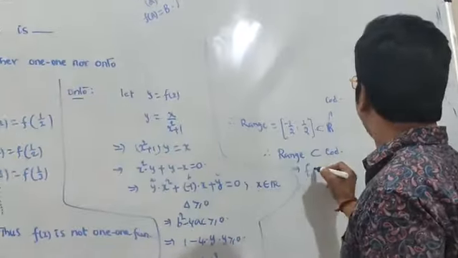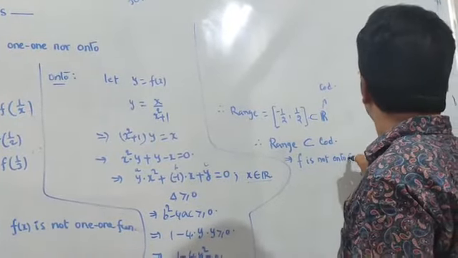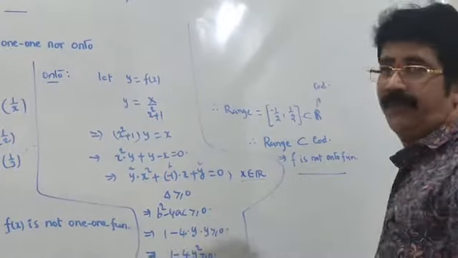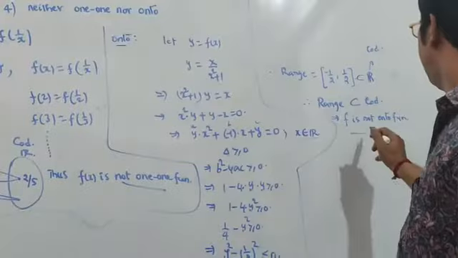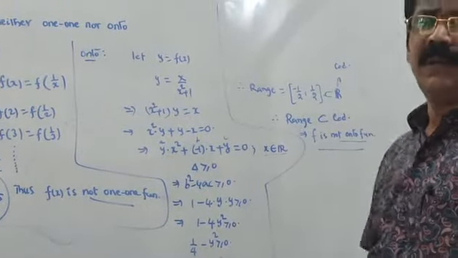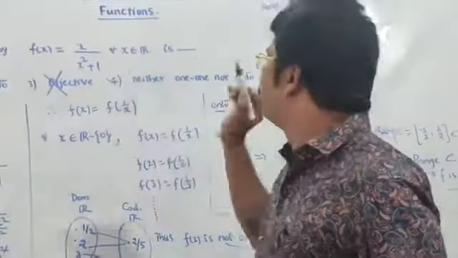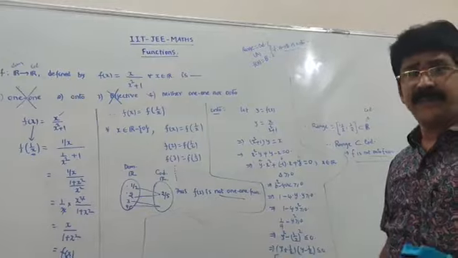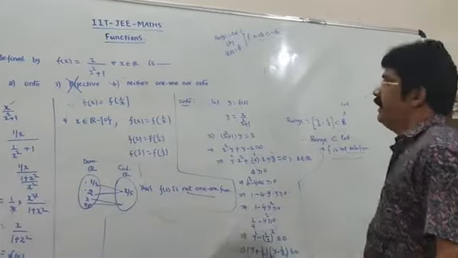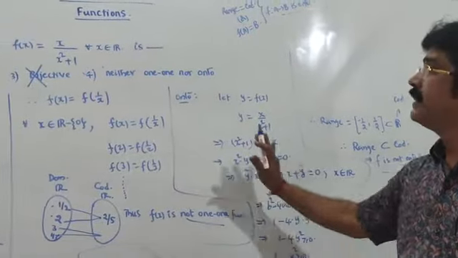Therefore f is not onto function. So f is neither one-one function nor onto function. This is the complete explanation for the fourth option.